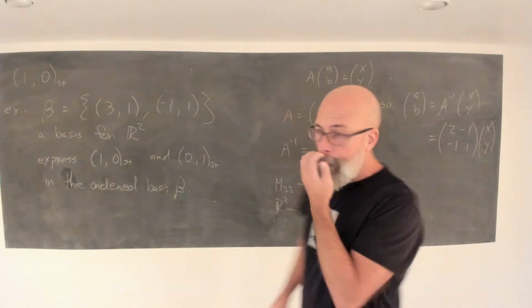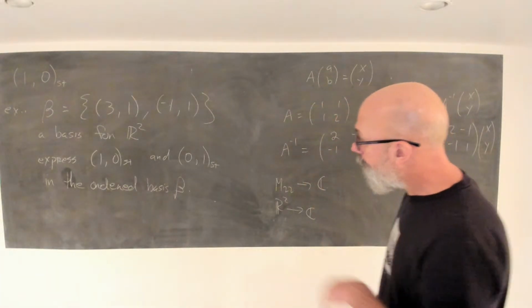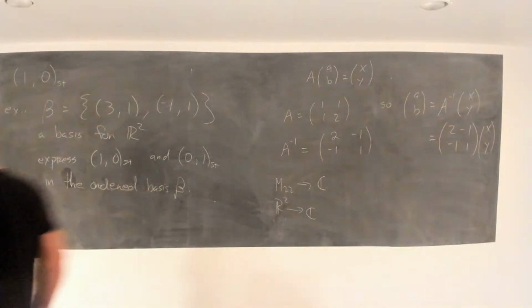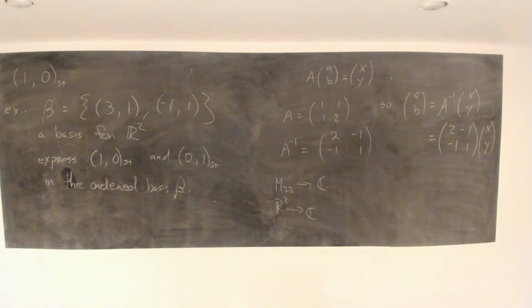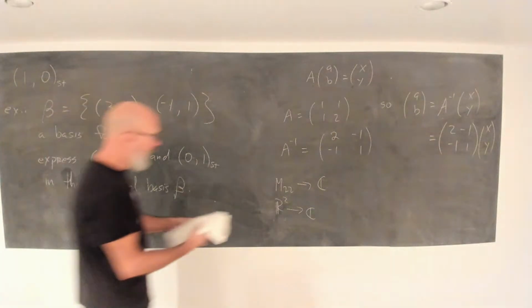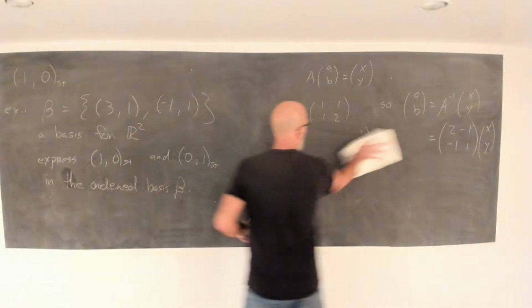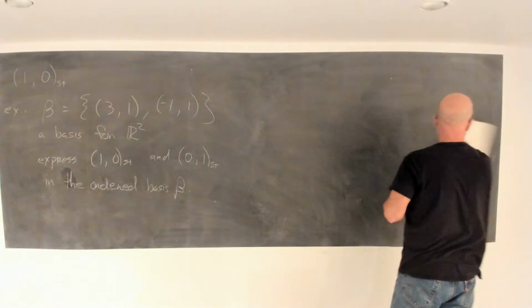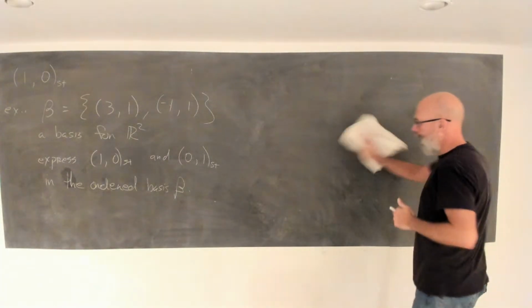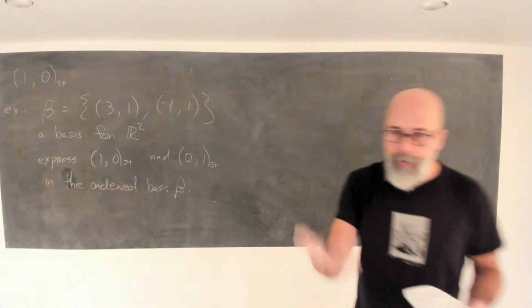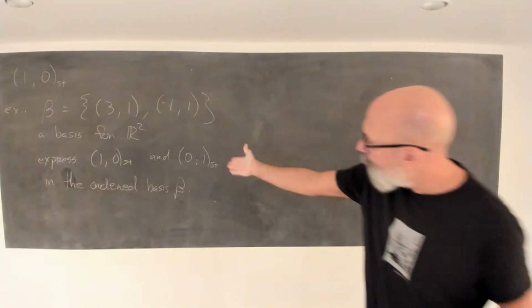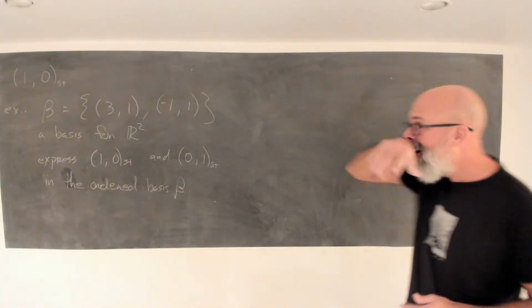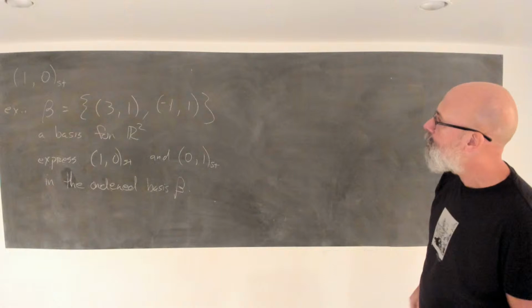Right, so let's express these basis elements. Let's express the vector (1, 0) and the vector (0, 1), in other words, the elements of the standard basis as linear combinations of these basis elements.